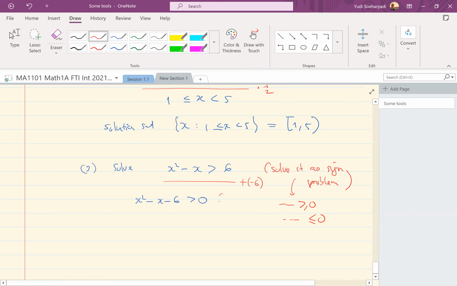So okay, so what we do is, let's see, this can be factored. Factorization is one of the most important things in solving inequalities, or maybe equations also. So you can do something like this.